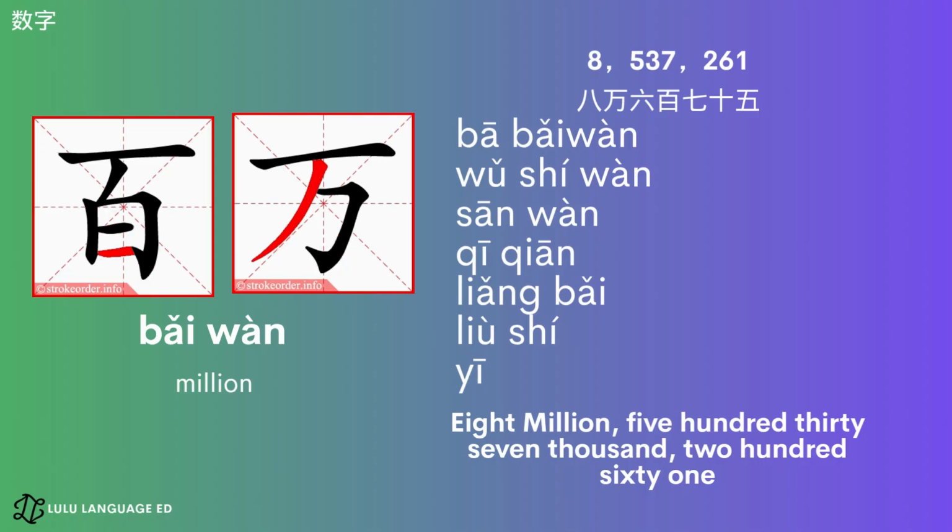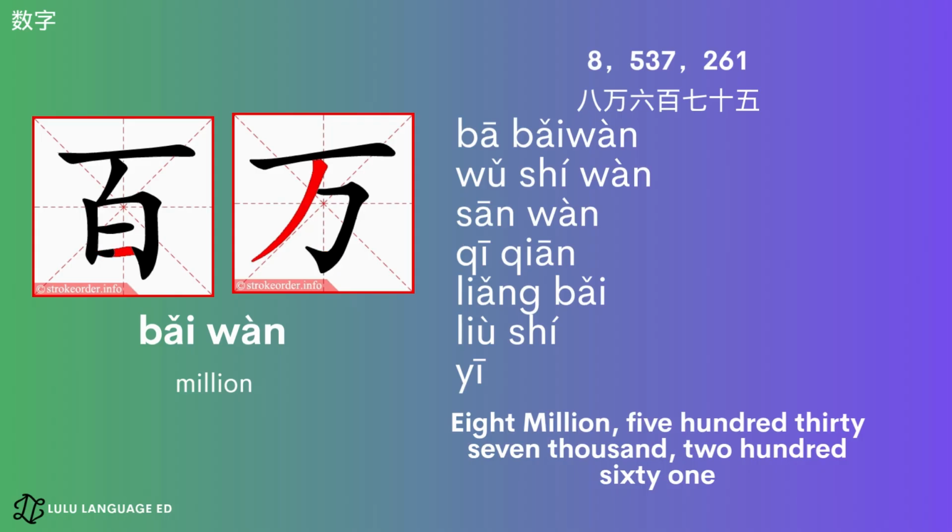And if you're going to say it without the 万, you just say 853万7261. Don't you worry, I will accept both with the ones or without the ones.